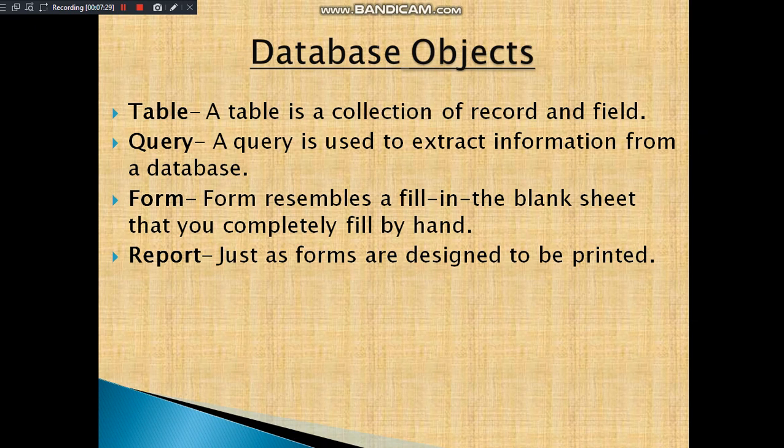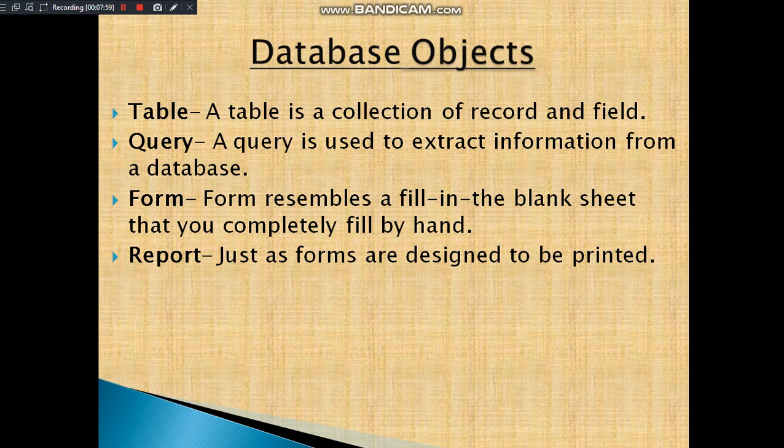Next object is my query. A query is used to extract information from a database. The example I gave you, the shopkeeper, means I will write a date and the customer name. As soon as I fire my query, I'll get the result. Then form. A form resembles a fill-in blank sheet that you fill by hand. You have filled online forms.